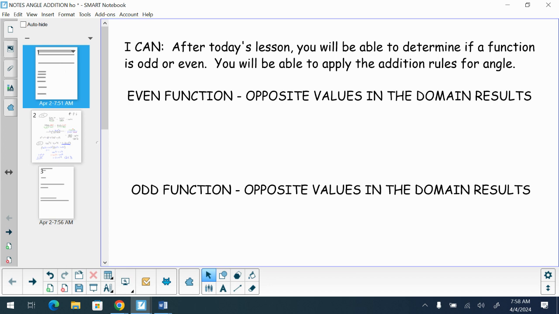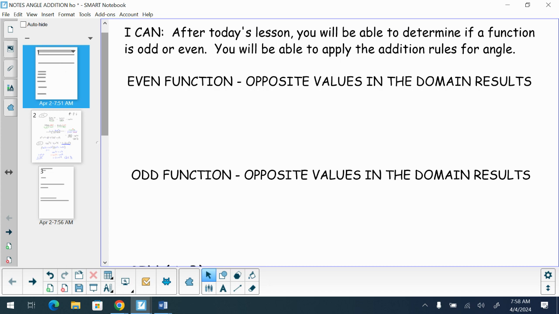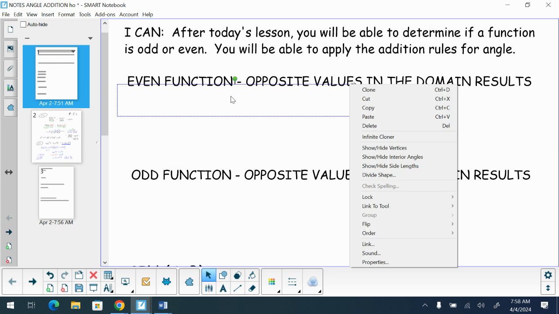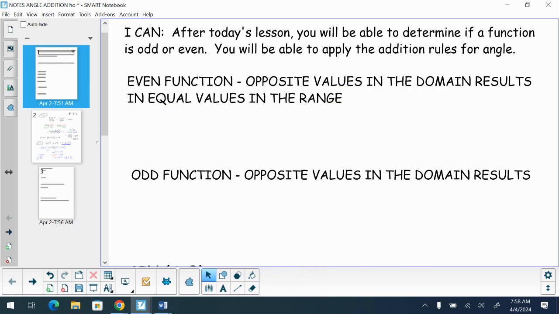In algebra, once again, we have some ideas in regards to types of functions. Two ways of classifying functions are odd functions and even functions. When we deal with an even function, opposite values from the domain will result in equal values from the range.